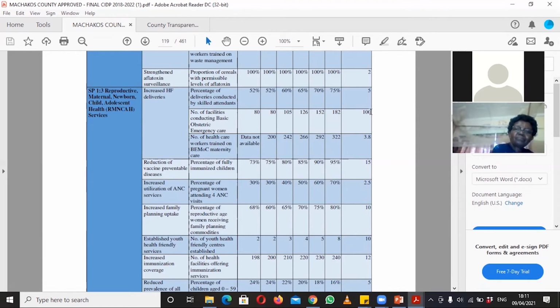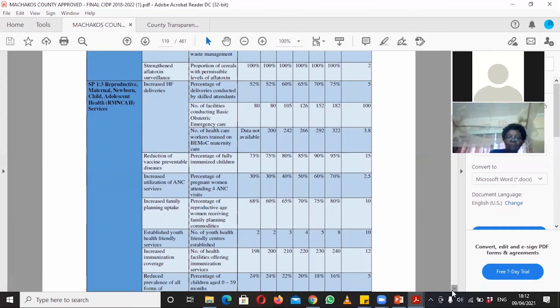And you can see increased family planning uptake: the percentage of reproductive age women receiving family planning commodities. When 2018 started, it was 68%, but they expect that by 2022 it will be 80%, and they had allocated 10 million towards that.